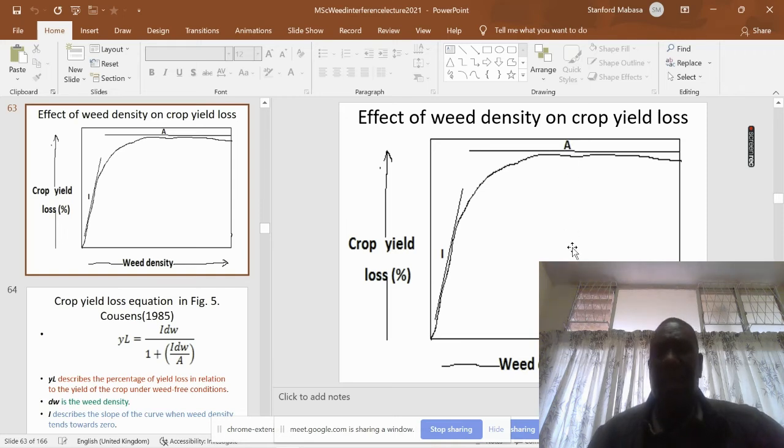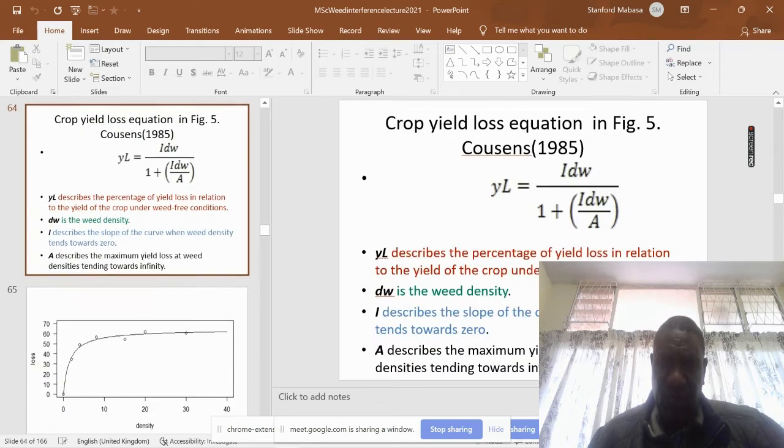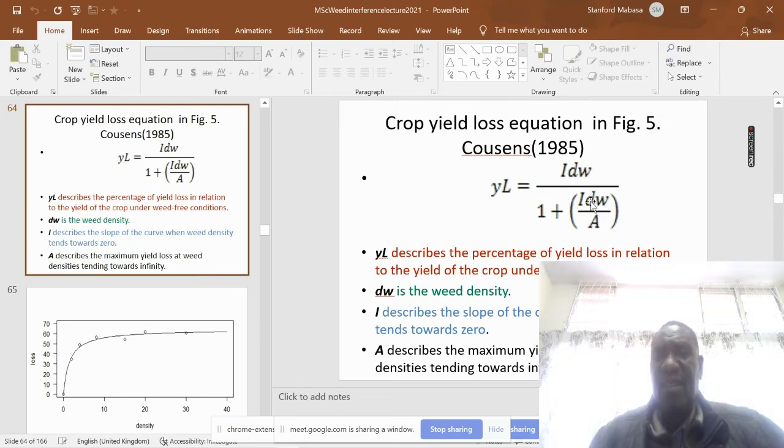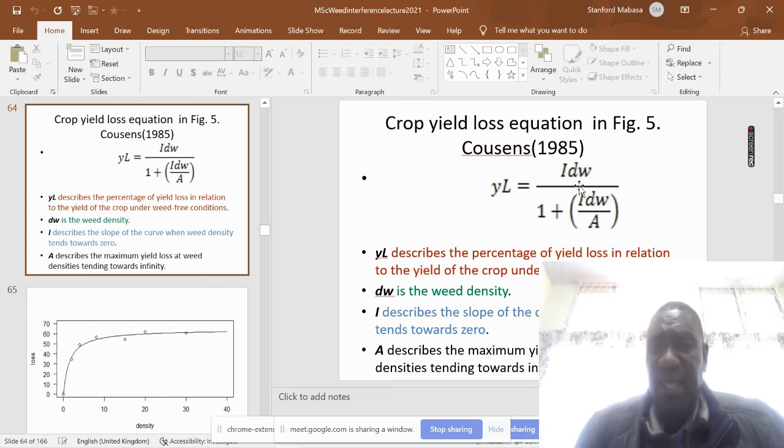So that equation has got three elements of this graph: A, I, and weed density, which is dW. So yield loss is equal to the slope, which is I, multiplied by dW, divided by 1 plus, in brackets, I times dW divided by A. So basically, these elements, we get them from the graph.